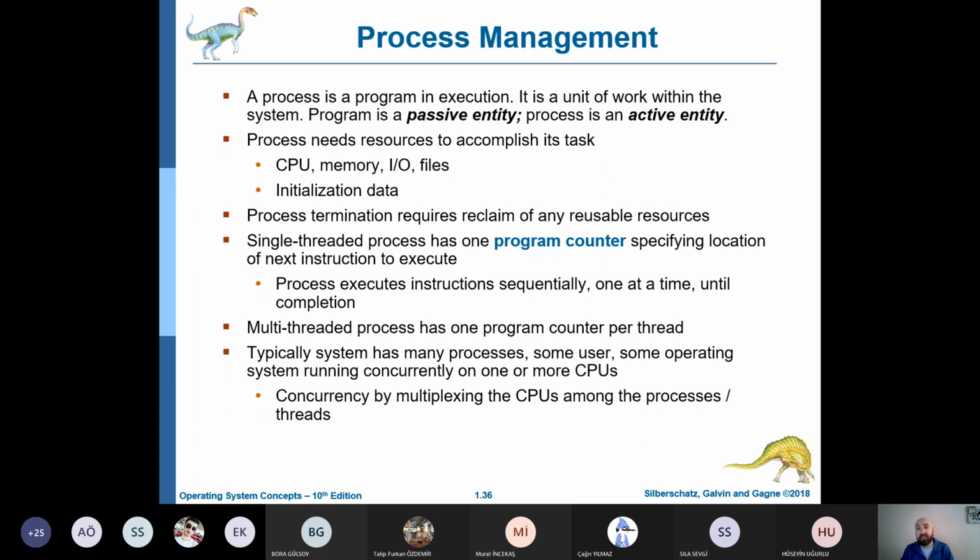When the process terminates, the operating system will reclaim any reusable resources. Okay, we are going to execute a process. That process needs some resources, so the operating system is going to allocate those resources to that process. But when that process is terminated, we have to reclaim those resources, because we are going to use those resources again and again for different processes.